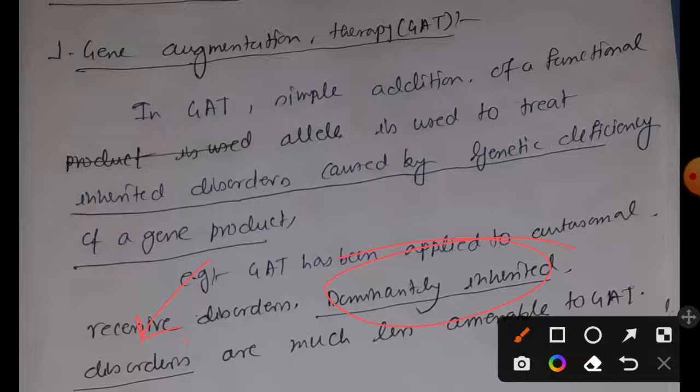Because if there is a capital T and you add a small t with the help of GAT, that will not solve your problem, because capital T will still be expressed, right? That is the idea.